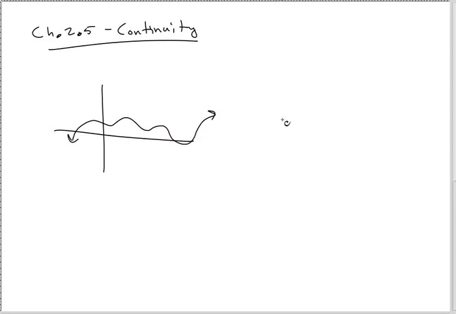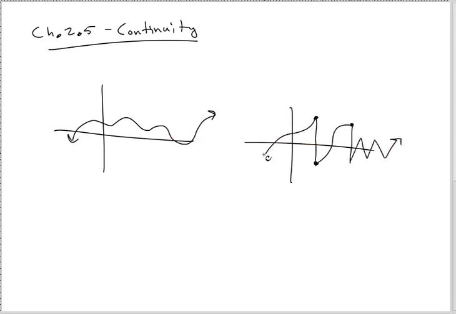That's a continuous function. Here's something else that's continuous. So these are continuous. What does it mean to be continuous? Well, you didn't really get to see me with my hand, but I never had my pencil leave the paper.